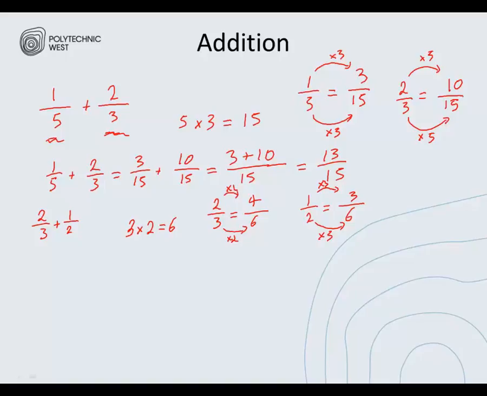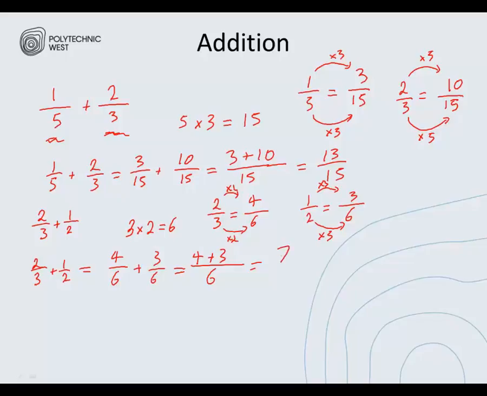Okay, so now I just put that in. 2 over 3 plus 1 over 2 equals 4 over 6 plus 3 over 6. The bottoms are the same now, so I just add the tops.